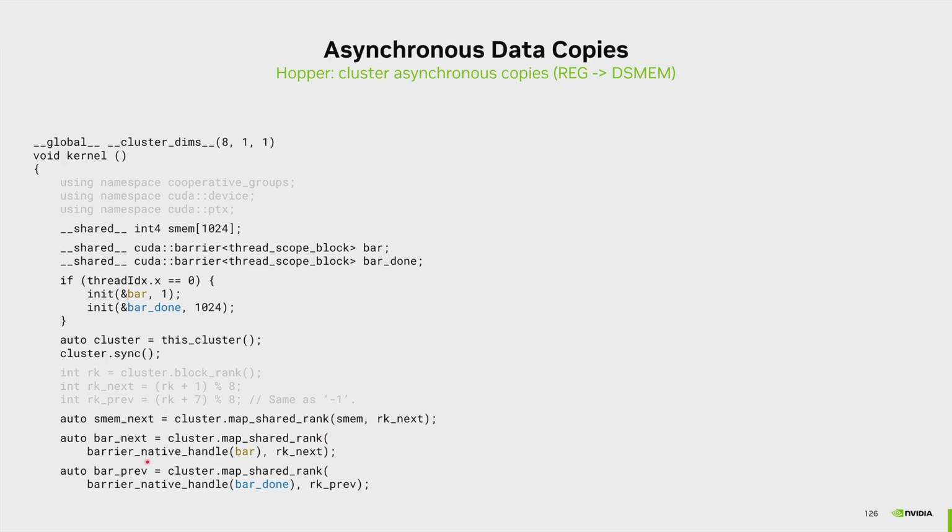For the barriers, because we are going to notify the right neighbor, we also map the barrier from the right. But when it comes to notifying the producer, we are actually notifying the sender, who is on the left. So we map another barrier from the left.